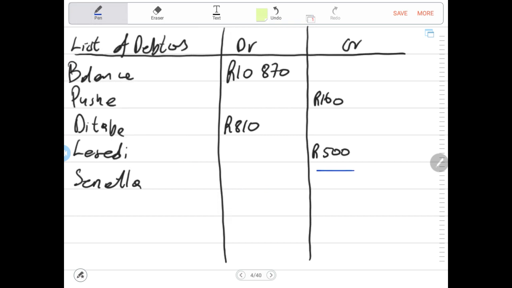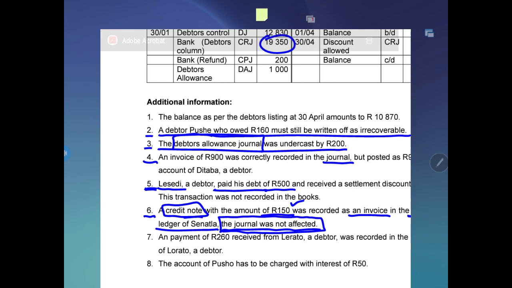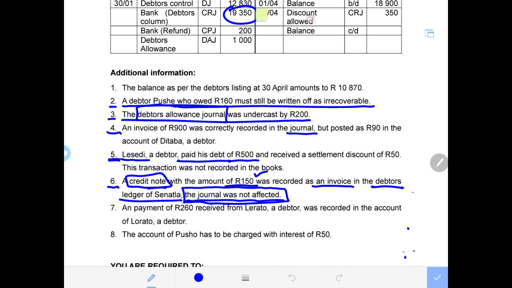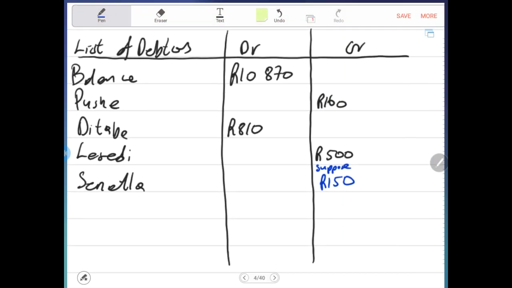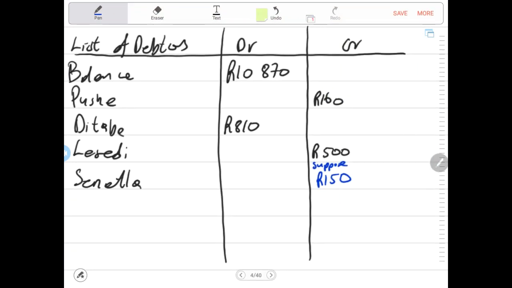It's a return, and remember, returns decrease customers. It was supposed to be on this side. They were supposed to have put 150 this side, because the customer returned and we accepted the return and we issued the document called a credit note. So in this case, we're supposed to have recorded on the credit side.